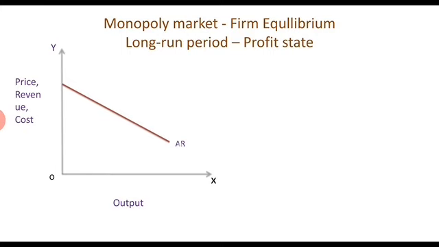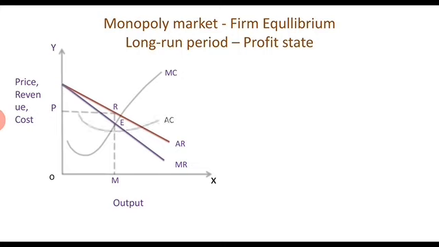In general, MC and MR curves intersect at point E. In this state, the firm is in equilibrium and produces OM output. OP is determined as price. At this stage, the average cost of the product of the firm is OQ.